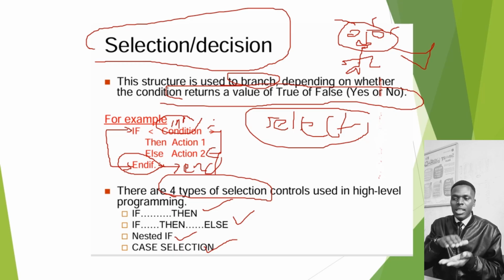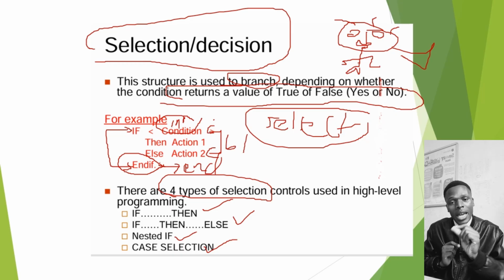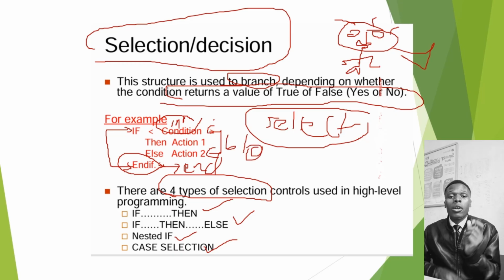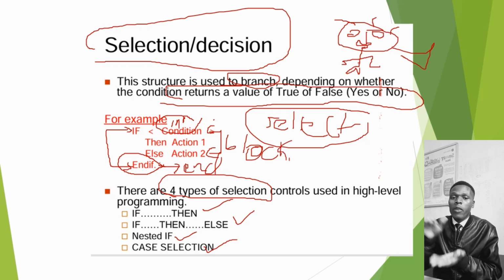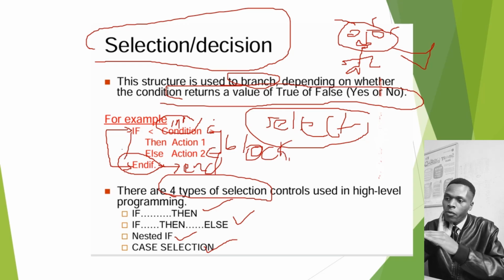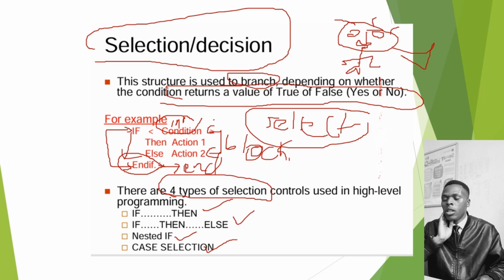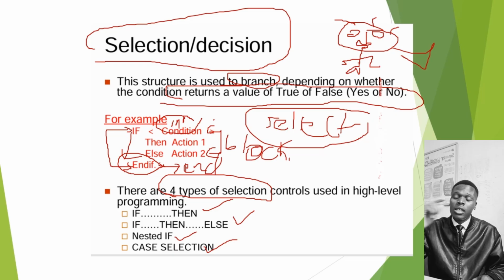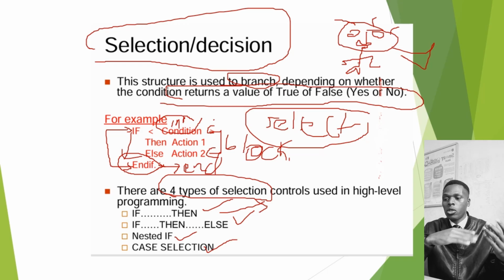So if it is appearing the if, not the else if, because else if is a continuation of the first if. So we should have the continuations downwards. So we will see much into them. So there are 4 in number. If then is when we only have one condition to test and we do it.